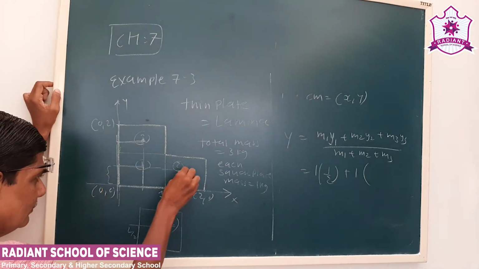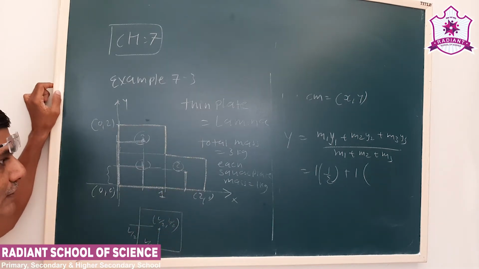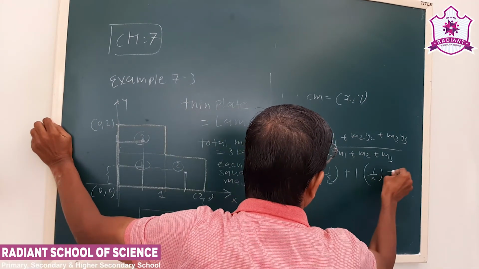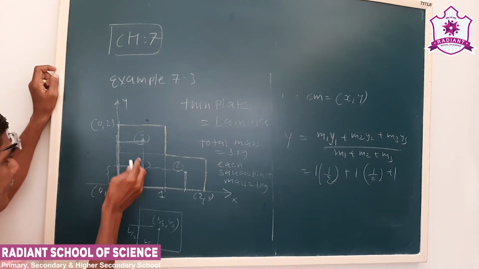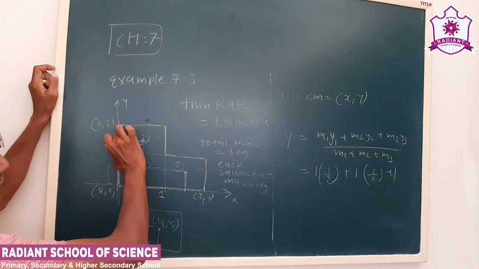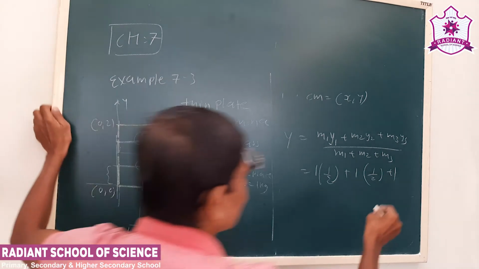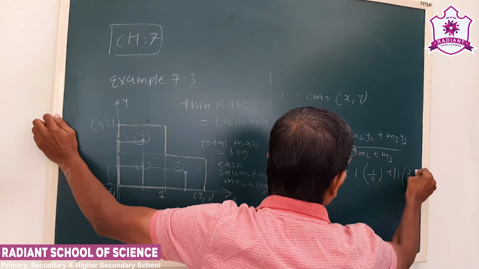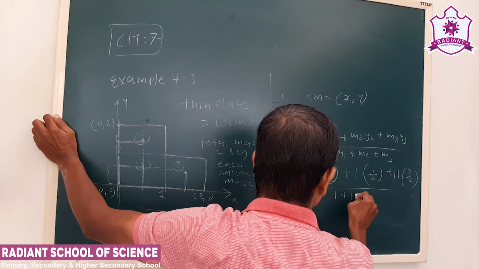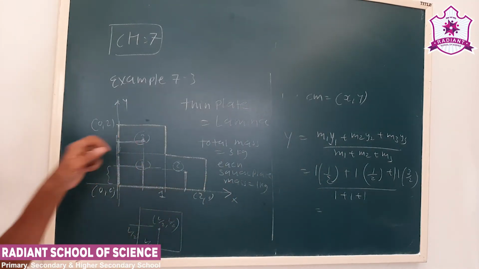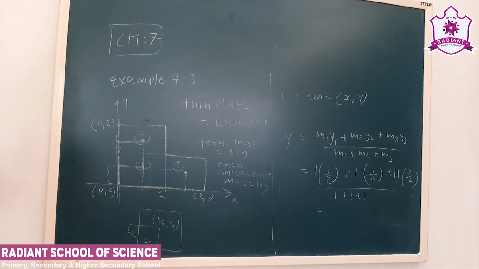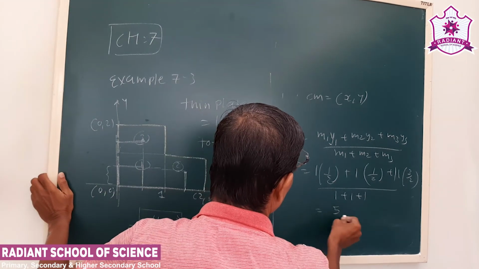The y coordinate will be similar to the first plate, that will be 1 by 2. The third plate also has mass 1 kg. Here the y coordinate is 1 meter plus 1 by 2 distance, so it will be 1 into 3 by 2. Now m1 is 1 kg, m2 is 1 kg, m3 is also 1 kg. If we solve, we'll get 5 upon 6 meter.